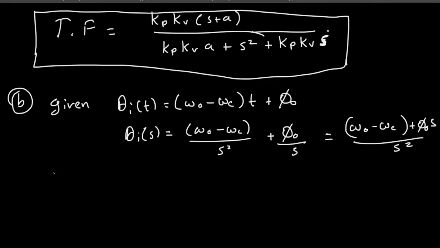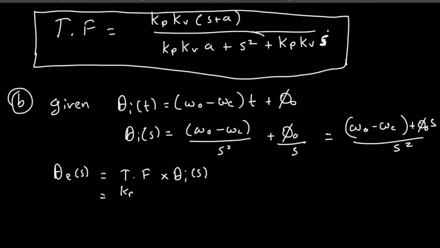Now there's an equation that theta E of s is the transfer function multiplied by theta I of s, and the transfer function we already derived right here. So instead of this transfer function, we can just replace it with this.